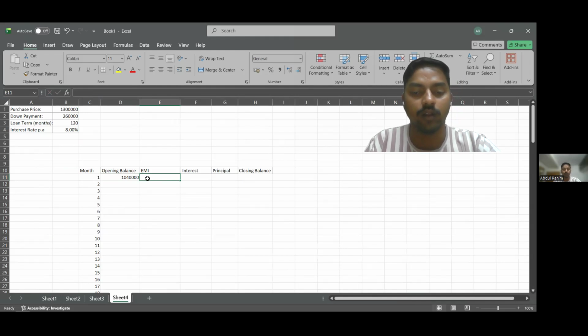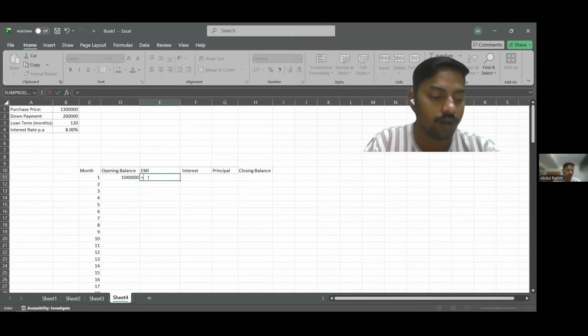Now we have to calculate EMI. So for EMI, we can use the formula of PMT.